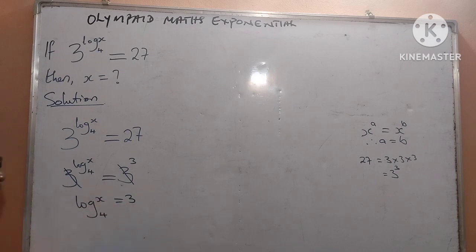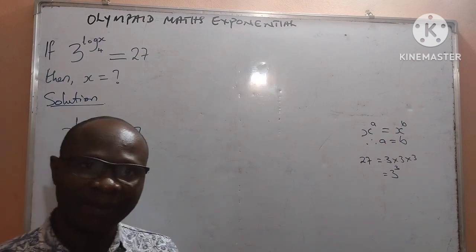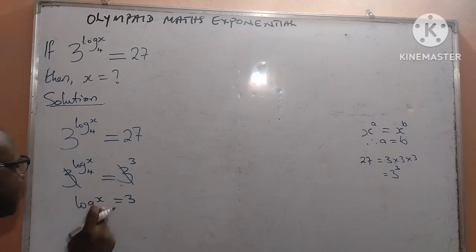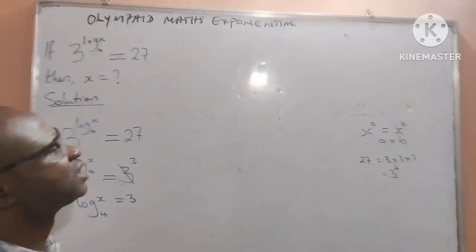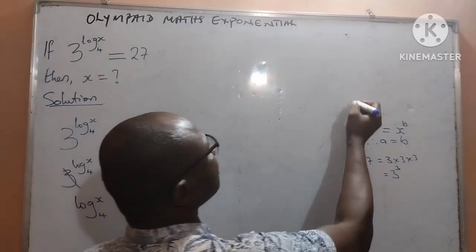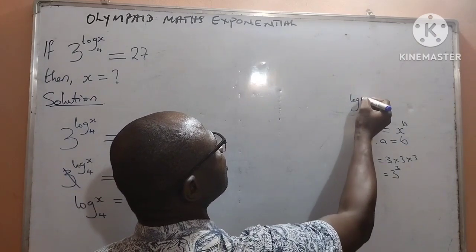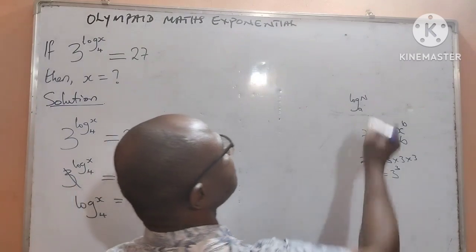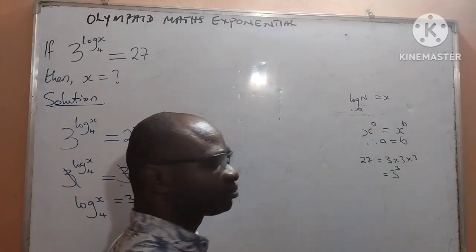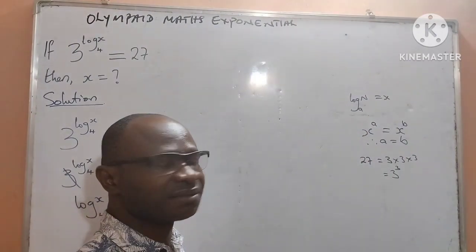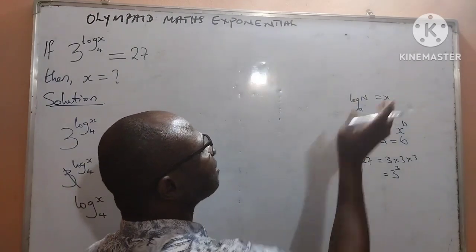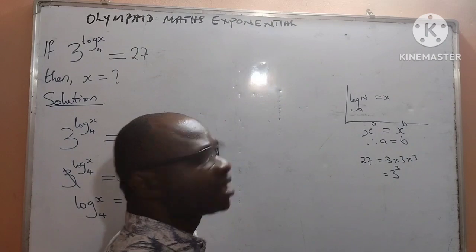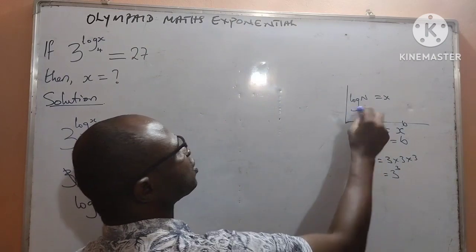But looking at this, we can simply apply the definition of logarithms. The definition says that if you are given the log of n to base a, it is equal to x. That is, x is the answer. What it implies is that you are looking for the number which the base must be raised to.